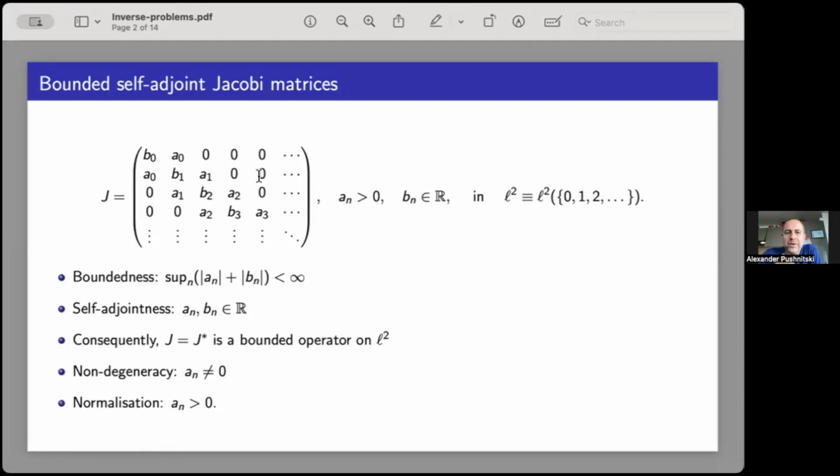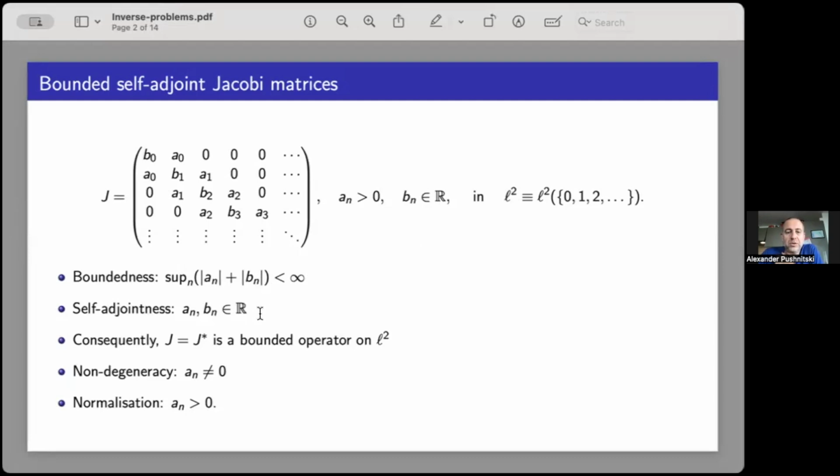We should think of this as an operator acting on the little L2 space of sequences labeled by non-negative integers. Let's assume that these sequences A's and B's are uniformly bounded. It's easy to see that this is equivalent to this matrix as an operator on L2 being bounded. So we will talk about bounded operators in this talk.